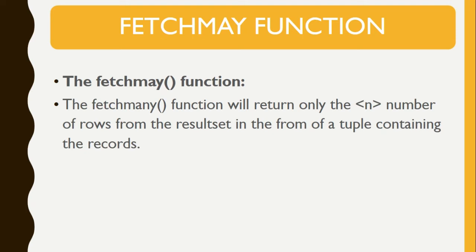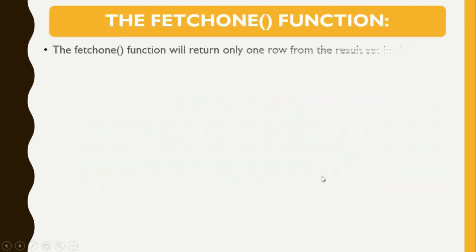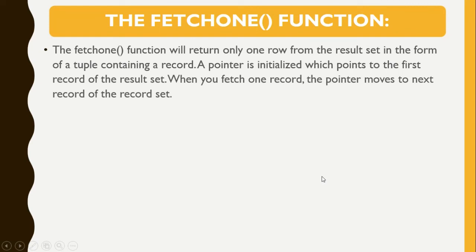If you want a specific number of rows, then you will apply fetchmany. In that case you will simply write cursor.fetchmany and here you will write size equals to 1. And fetchone, as the name suggests, will return only one row from the result set in the form of a tuple containing a record.